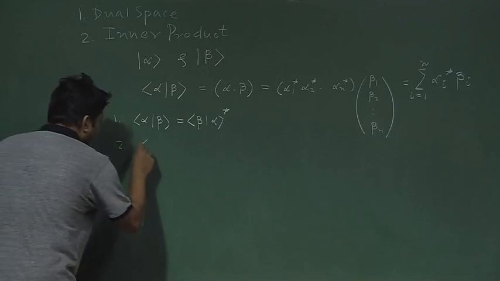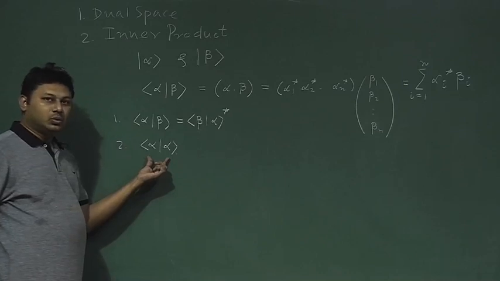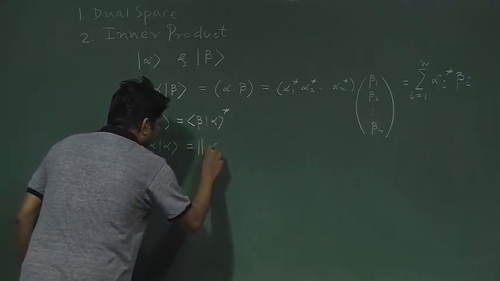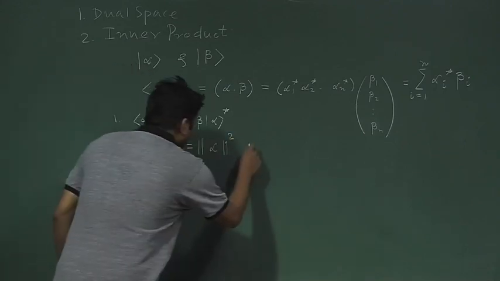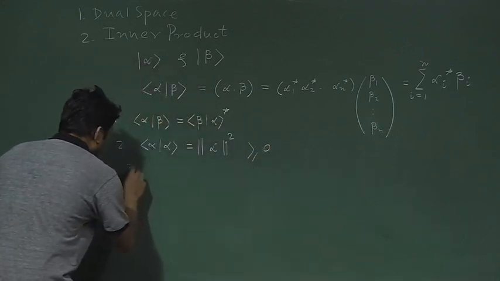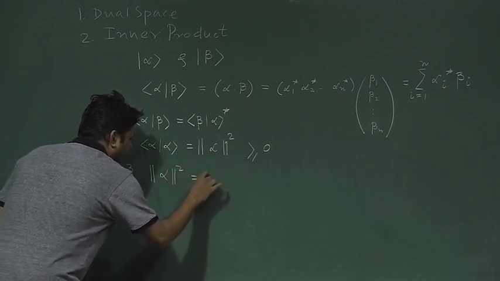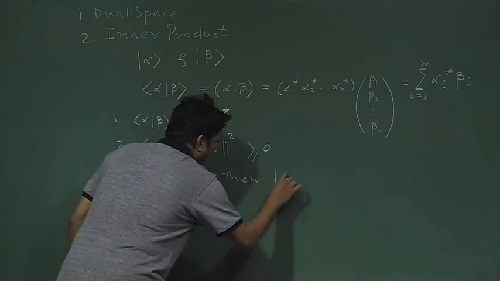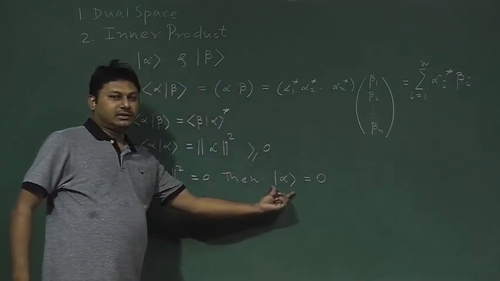Next, if I take the inner product of the same vector, (alpha, alpha), we call it the norm square. This quantity is always greater than or equal to 0. Third, if this quantity is 0, then the vector alpha must be 0, a null vector.